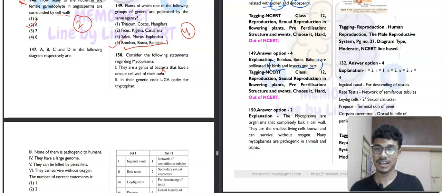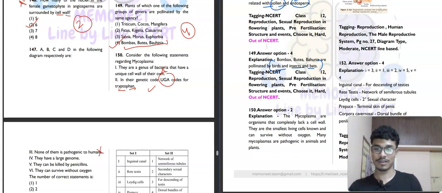This is the correct one: in their genetic code UGA, which is a stop codon, codes for tryptophan. Then none of them is pathogenic to humans.